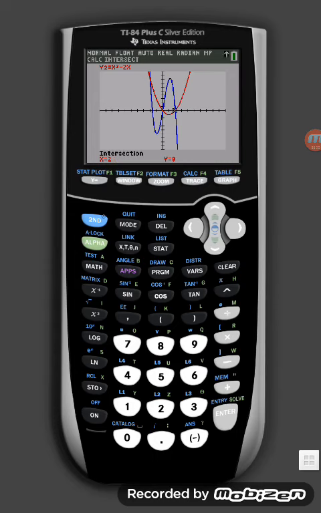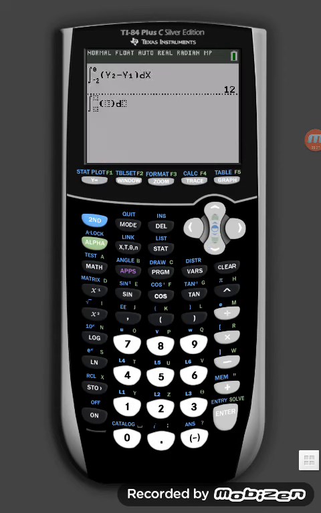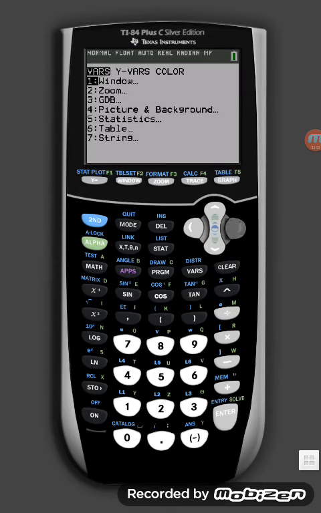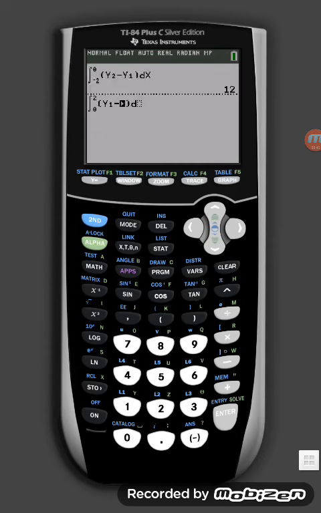Later, when I do the definite integral, I go to math, number 9, from 0 to 2, and instead of y2 minus y1, it will be y1 minus y2 with respect to x. That happens to be 12 as well.